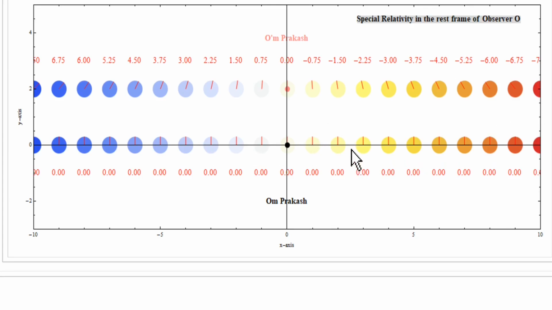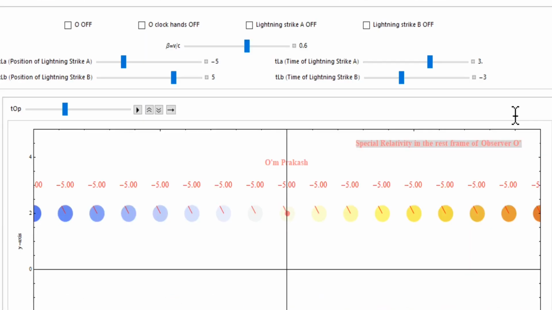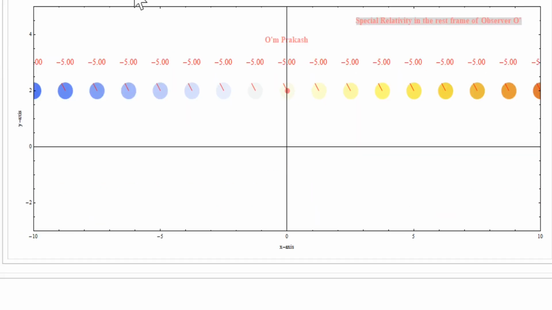So to see this, let's change perspective and go into the rest frame of the train observers. So now we're in the rest frame of observer O prime, that is the train rest frame. And you can see the first thing is that all the clocks on the train are synchronized.